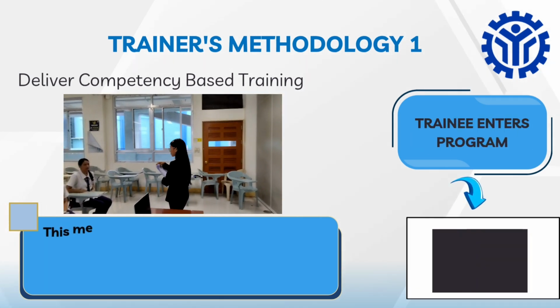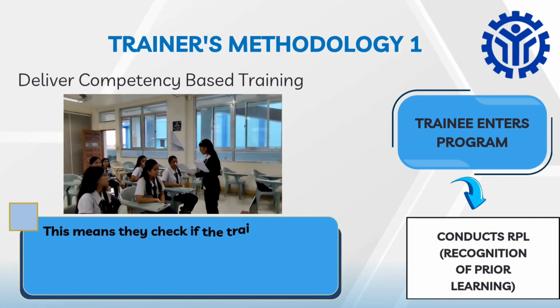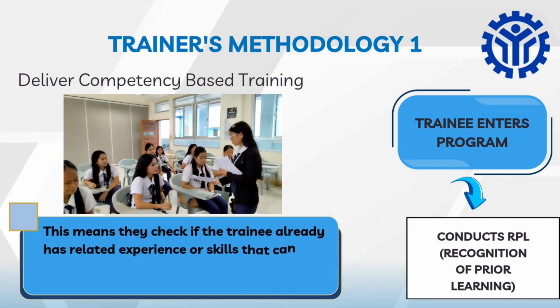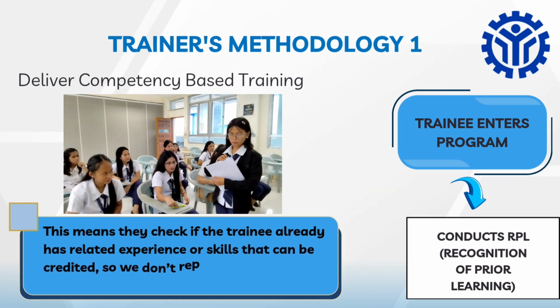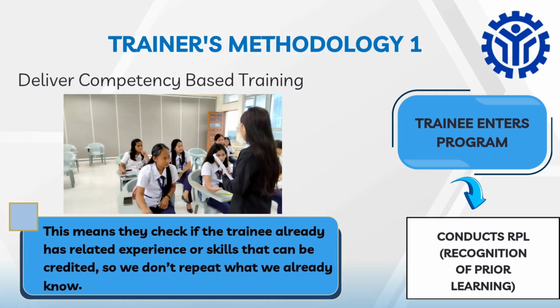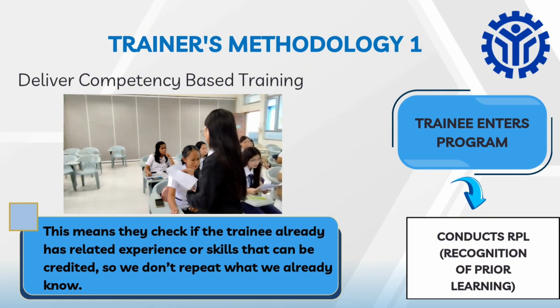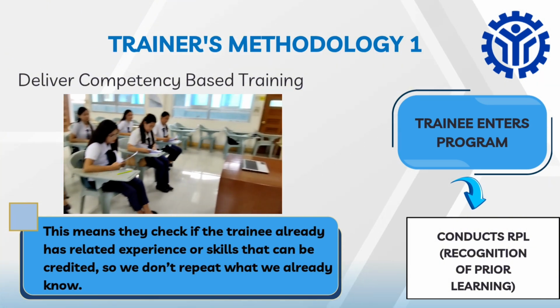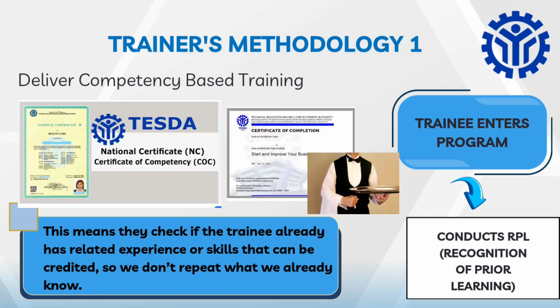The recognition of prior learning is conducted to identify if the trainee already has prior knowledge or experience related to the training. If the trainee can show evidence of competence, they can be credited for those skills and may skip those parts of the training.